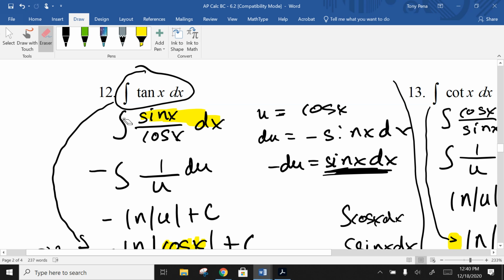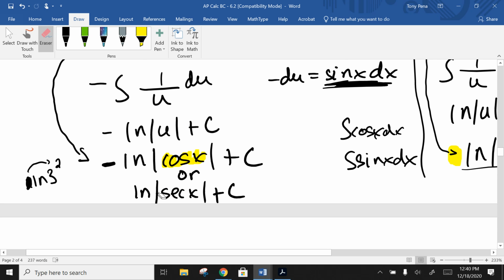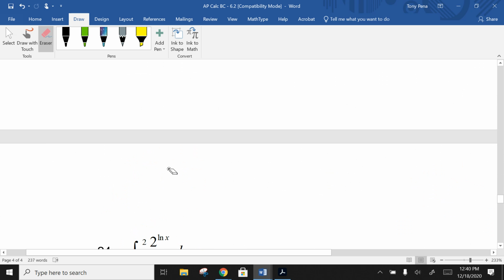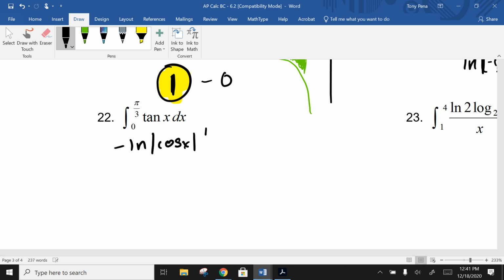That the antiderivative of tangent, we just skip all these steps and come right on down to here, is either the negative ln of cosine or the natural log of secant. So when I do this problem, we don't have to do u substitution for this because we now know its antiderivative. We can jump right to the negative natural log of cosine if we know that.